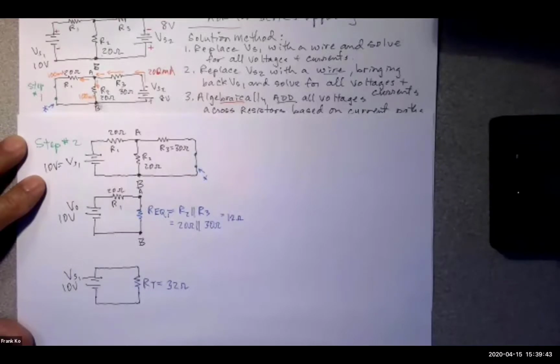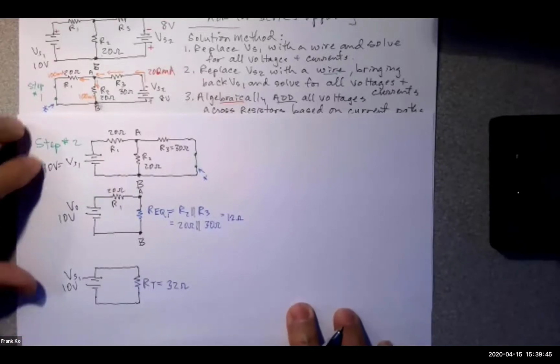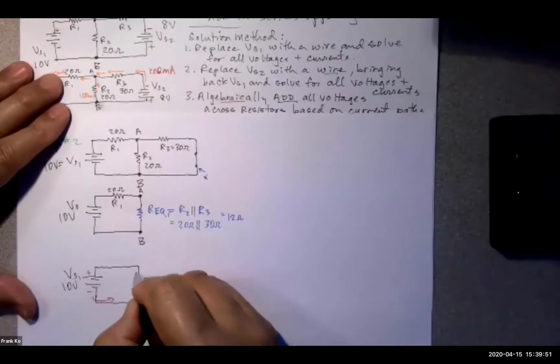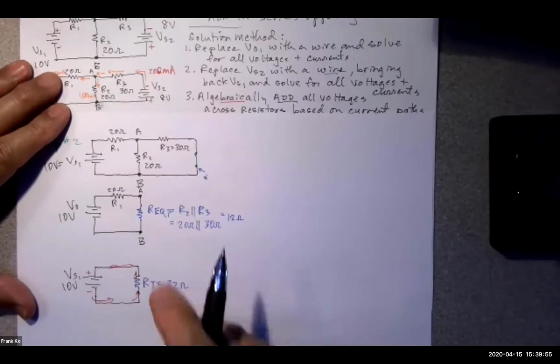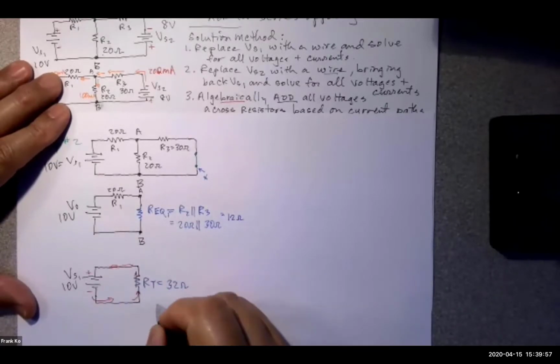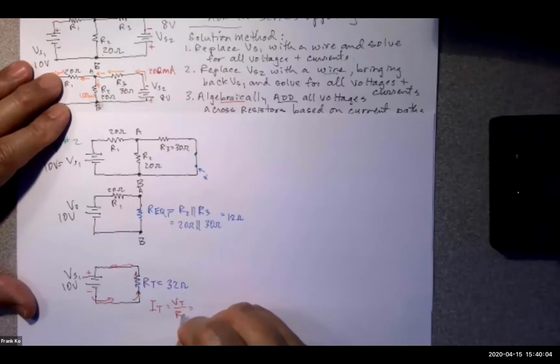Do we have enough information to determine my current? So this is positive, negative. The current will leave here, come up, flow up, and over and back to the source. So my I total is going to be equal to V total over R total.